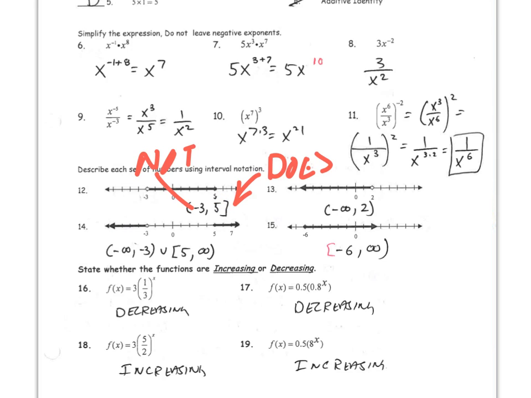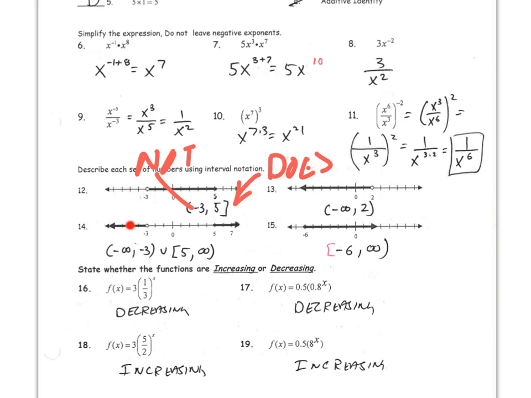Okay. Here we have an arrow going off forever to the left. That's negative infinity. Negative infinity is always at the beginning, whenever it exists. You can only have positive infinity at the end. So this is negative infinity up to 2, but not including 2, so there's a bubble at 2 and a parenthesis here. Here we have a gap.